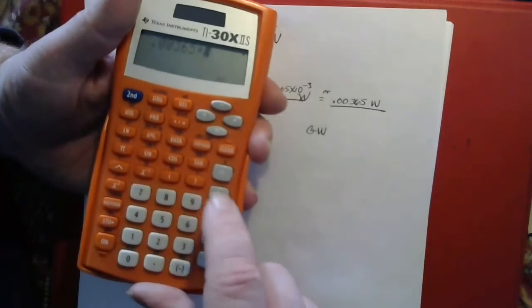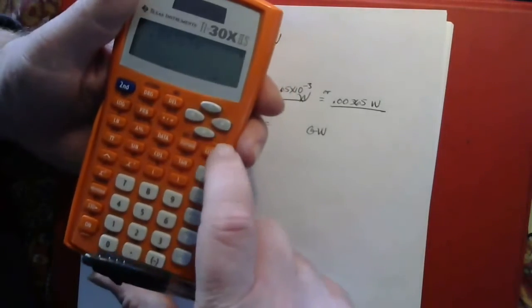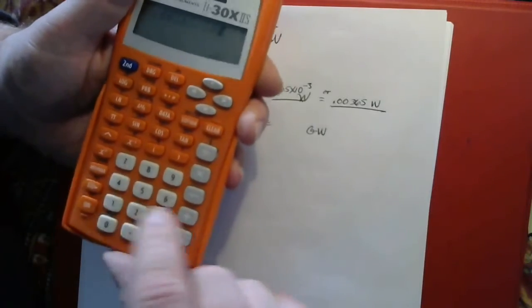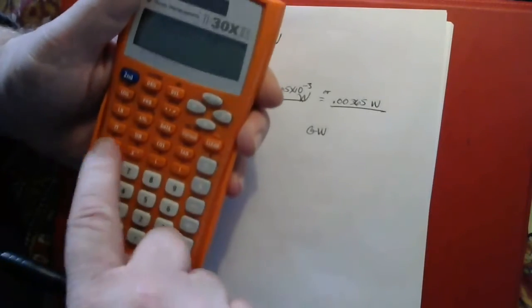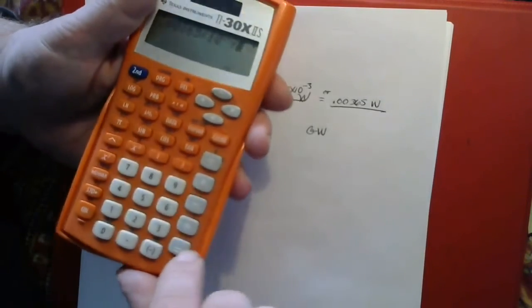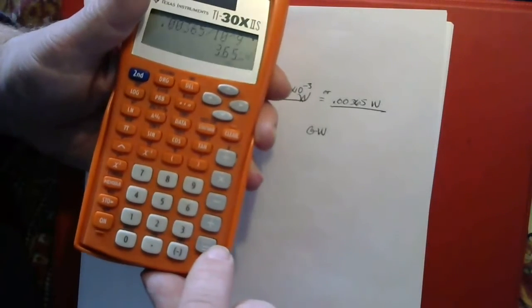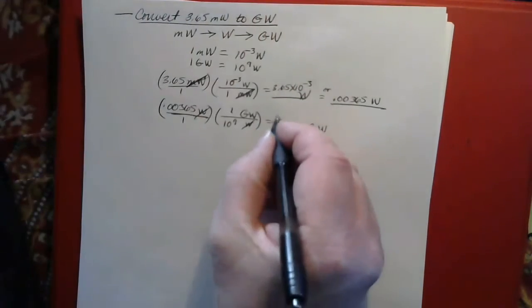Okay, divided by, because it's on the bottom, divided by 10 raised to the 9th power. And that equals 3.65 times 10 to the minus 12.